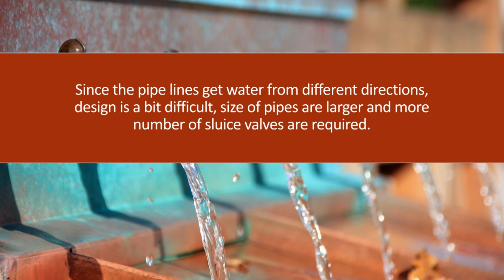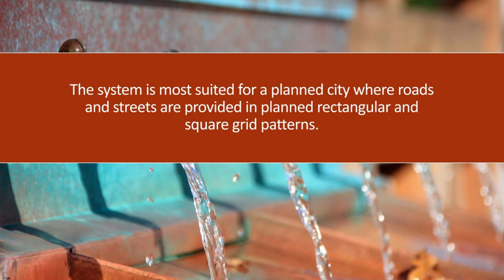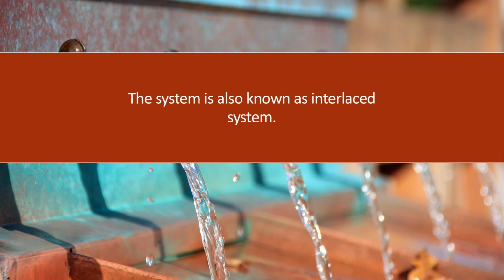Size of pipes are larger and more number of sluice valves are required. The system is most suited for a planned city where roads and streets are provided in planned rectangular and square grid patterns. The system is also known as interlaced system.